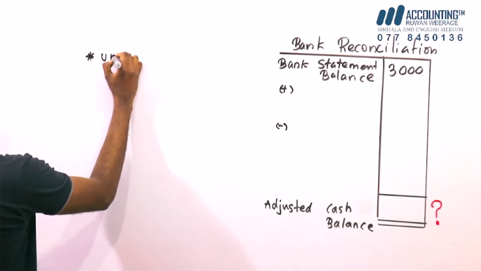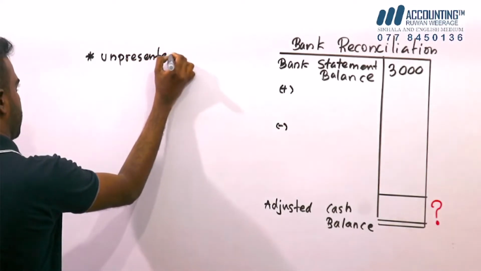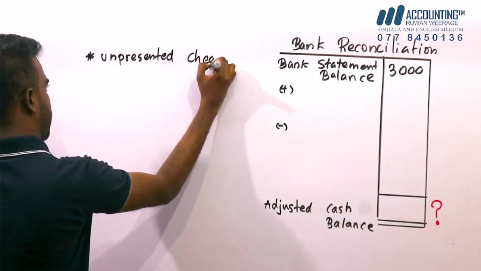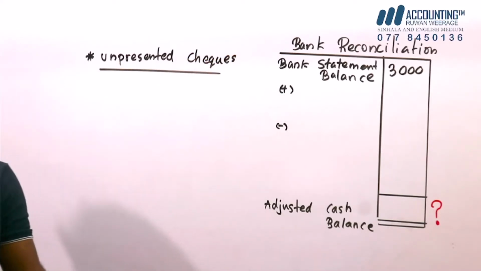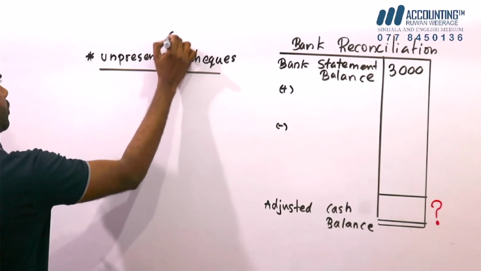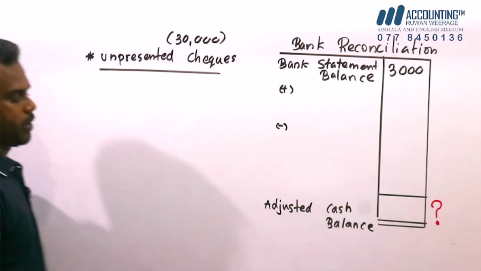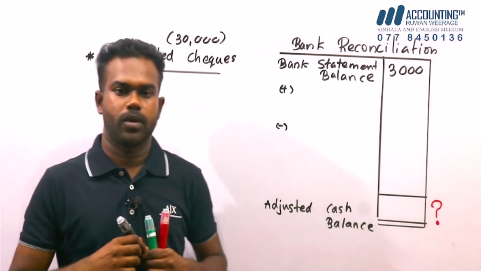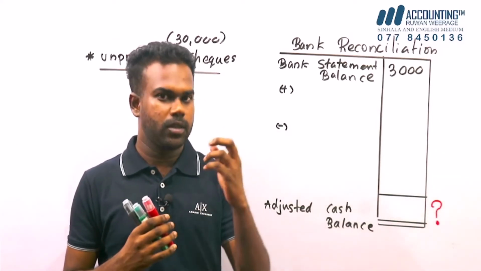How much is unpresented? In this question, unpresented checks were 30,000.